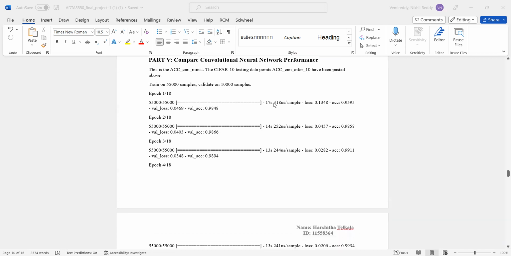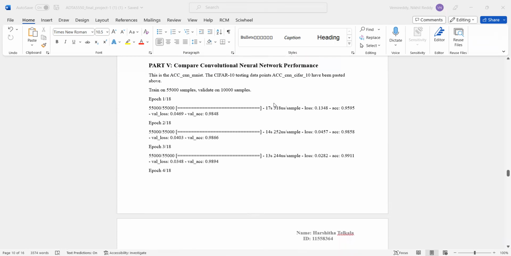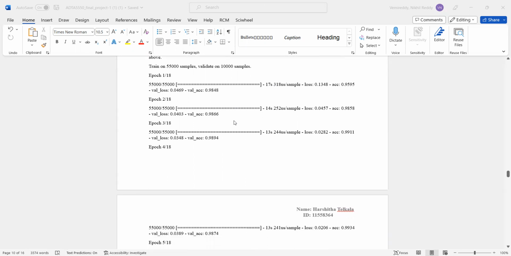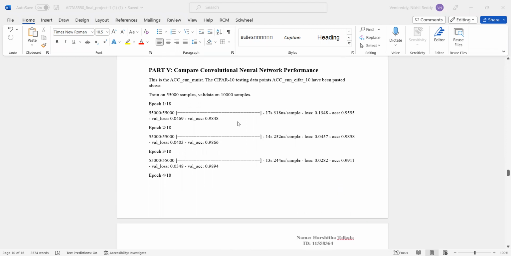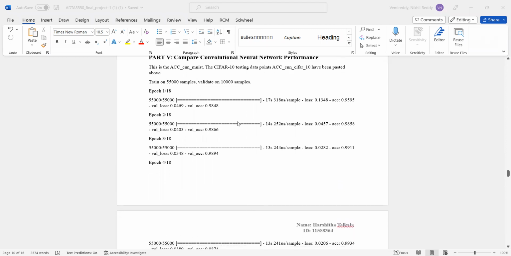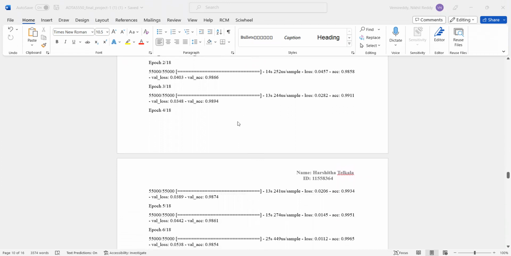I've also pasted the accuracy results of assignment 4 as you can see below. This is all the results of assignment 4. After comparing these, this is all about the comparison of the new CNN's performance.